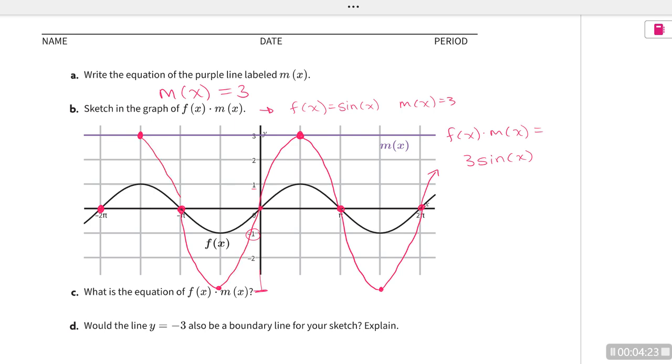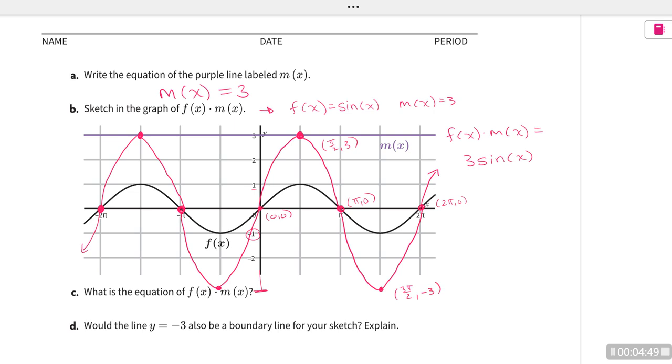So it expands our graph. Okay, and I'll label these. So this is pi over 2, 3. And these are still just pi, 0 and 2 pi, 0. And 0, 0, those don't change. But this becomes 3 pi over 2, -3.